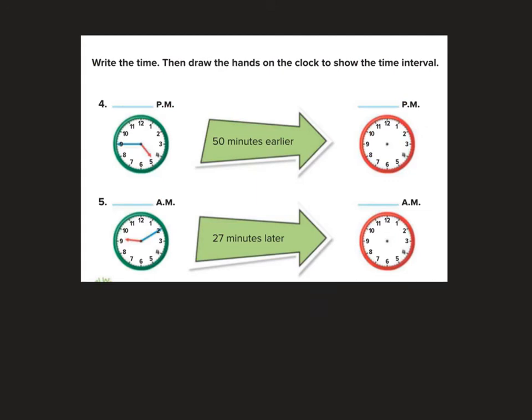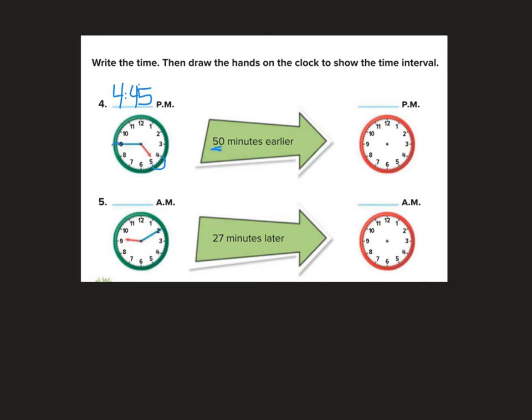Write the time, then draw the hands on the clock to show the time interval. Okay, so our time for number 4 is between 4 and 5, so that makes 9:45, and we want 50 minutes earlier. When you have the clock, it's easy to do it on the clock.